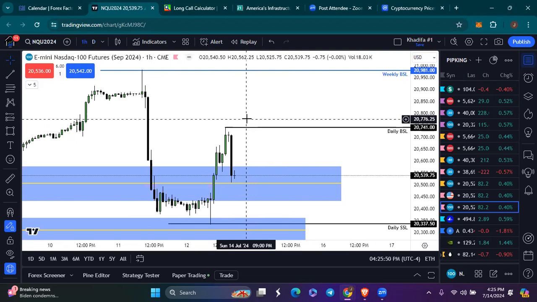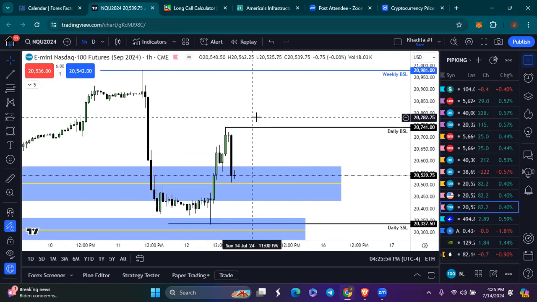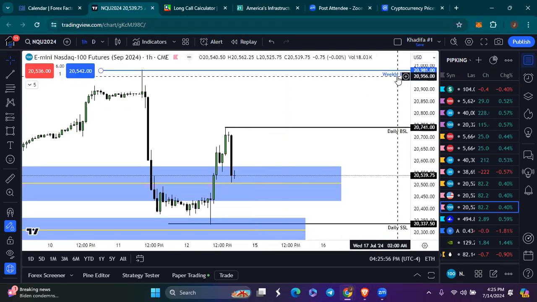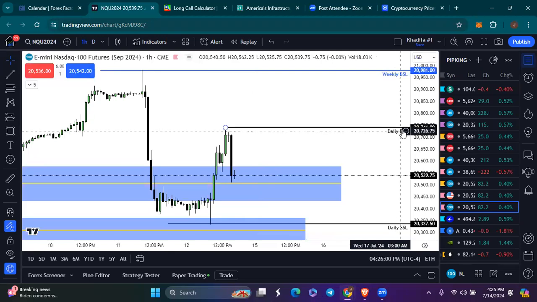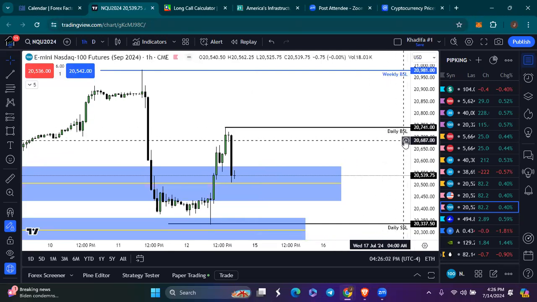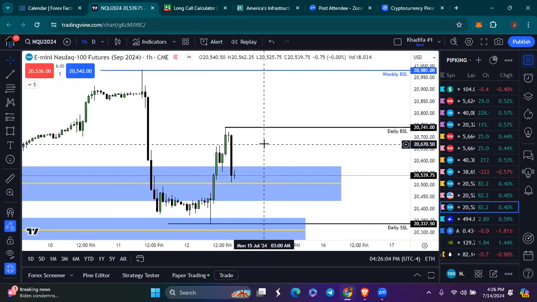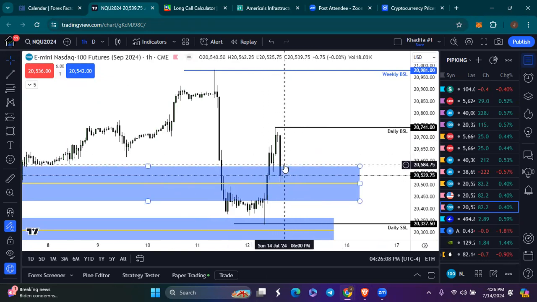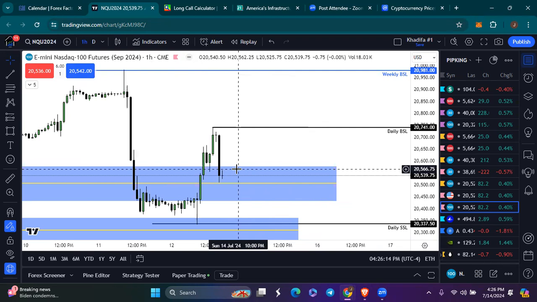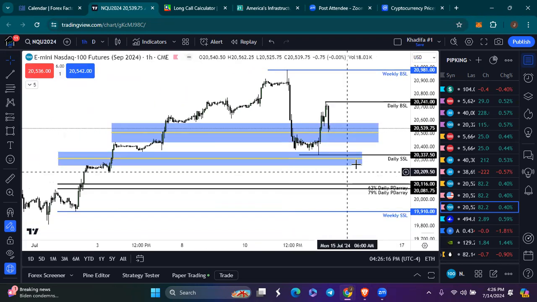If we close above it, then I will look for price to run that weekly buy side. But if we don't push back above Friday's buy side liquidity, let alone close above the upper level of this daily fair value gap, then I will be expecting us to continue lower.